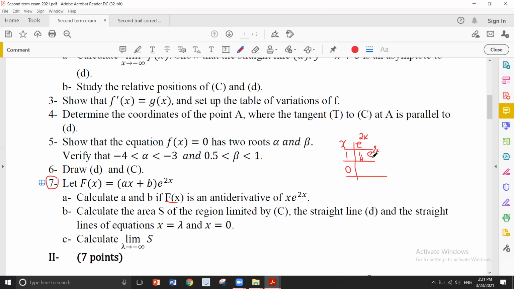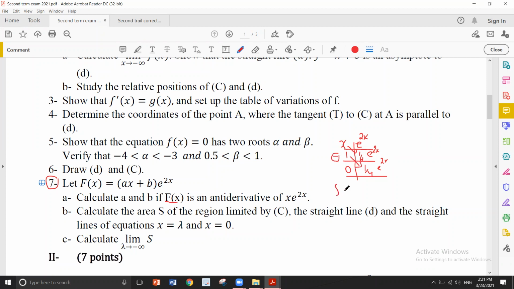What is the antiderivative of half e to the 2x? It is 1 over 4 e power 2x. We multiply diagonally, and this one is minus.